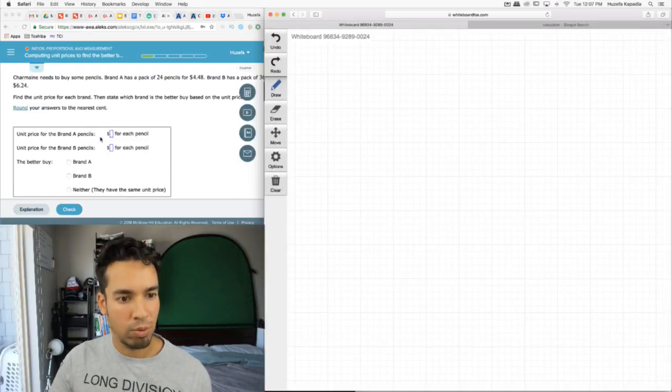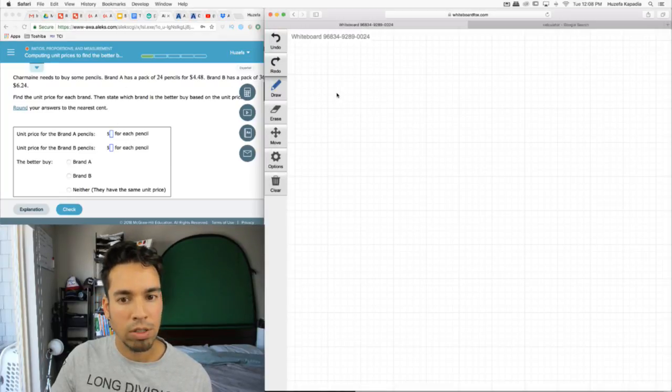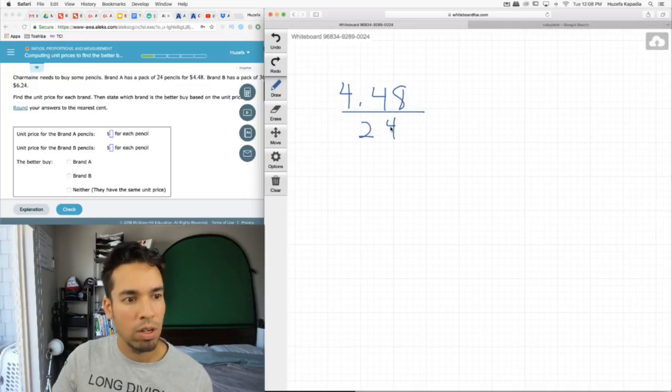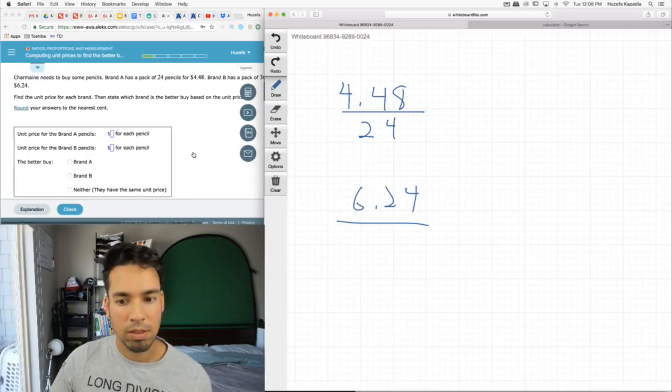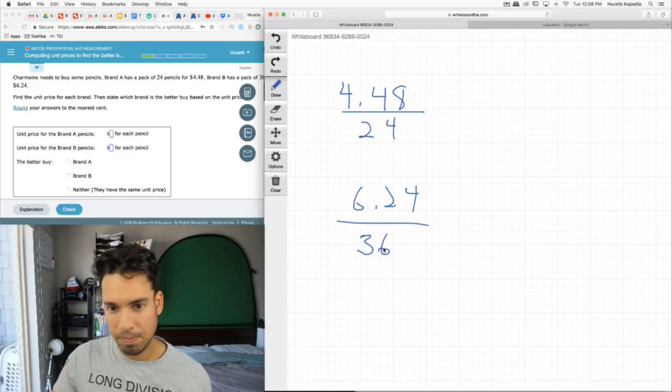So I'm going to skip all this, right? We're just going straight to cost per pencil, or for each pencil. So we take the total cost of brand A, it's $4.48 divided by 24. The second one is $6.24 divided by 36. And let's calculate these.